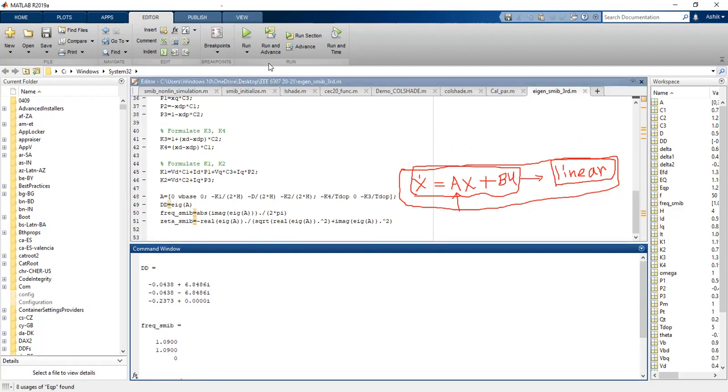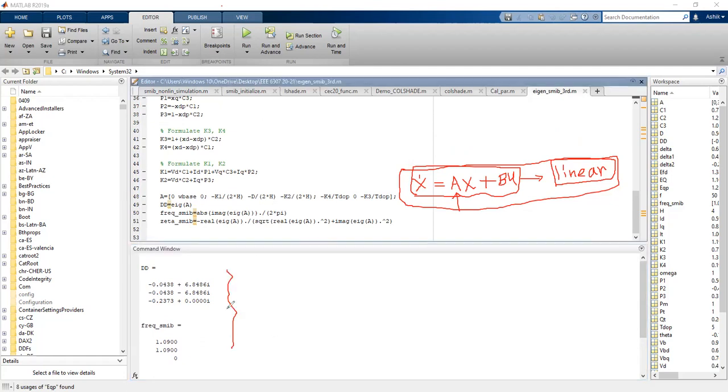We know that we have three states for our Ax plus Bu. This is a third order model. So what are the states? If we list them, the states are delta, omega, and Eq dash.